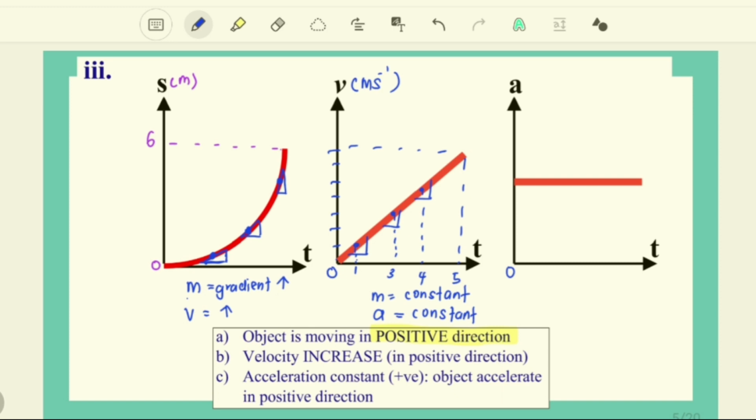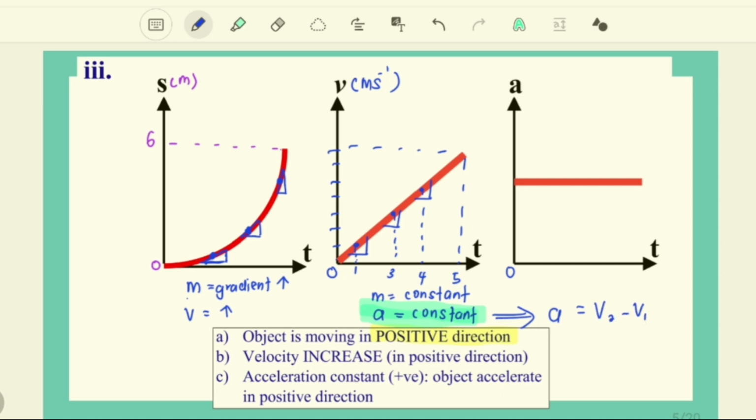So constant tu berapa? Berapa yang constant tu? Berapa nilai dia? How to calculate? So we need to calculate the gradient. The gradient is constant, but what is the value? We need to calculate the gradient A.